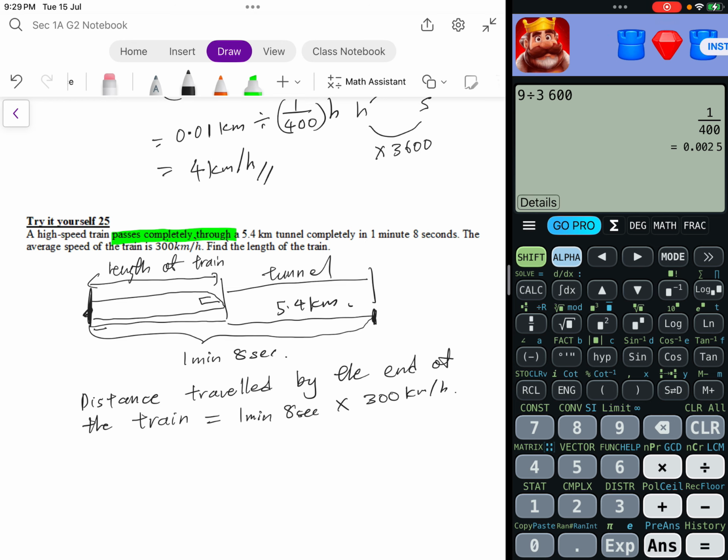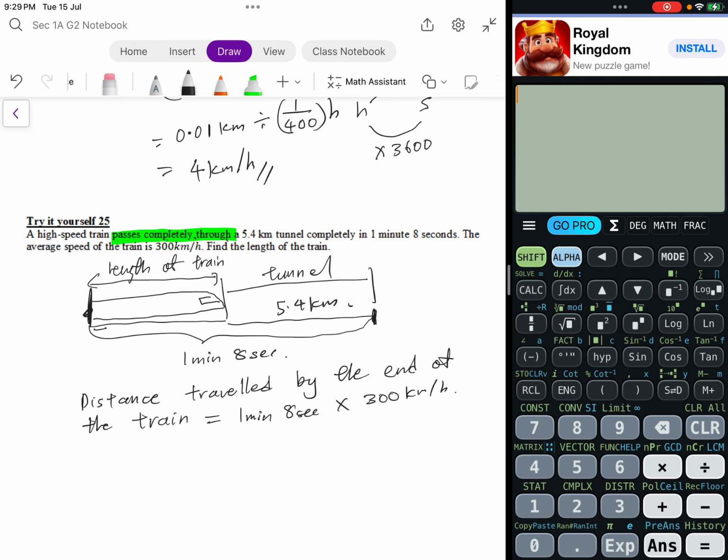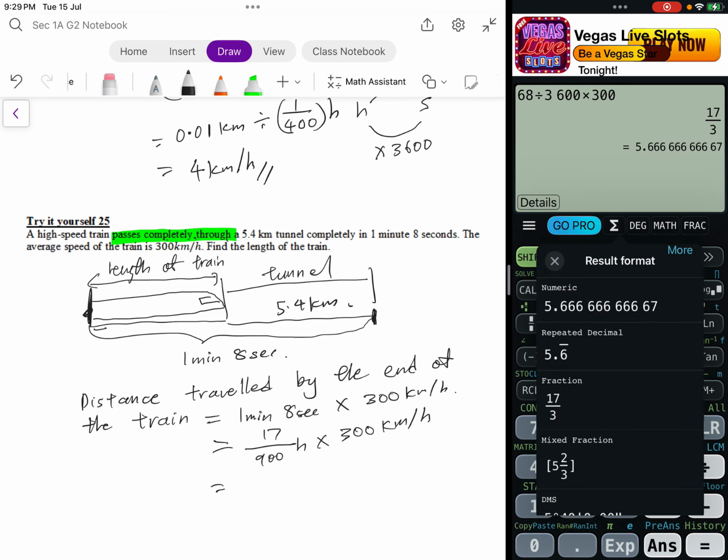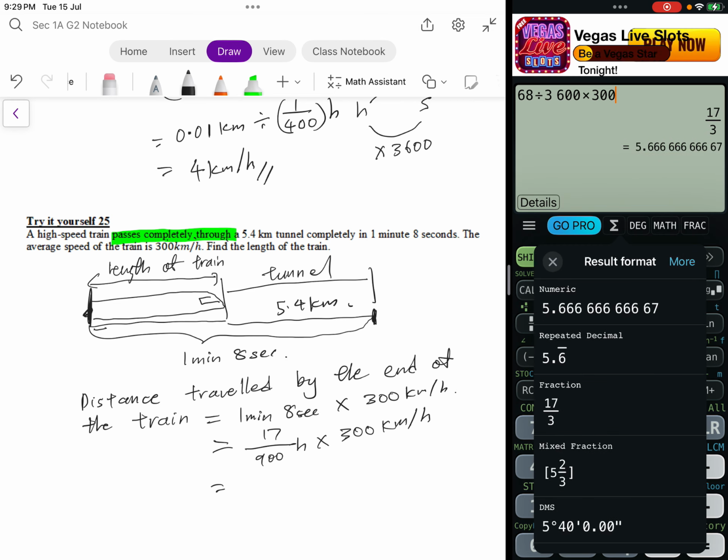We need to convert 1 minute 8 seconds to hours. So that is 68 seconds divided by 3600, because I need the hours. So I will get 17 over 900 hours, times 300 kilometers per hour. And I get the distance traveled is 5 2/3 kilometers.